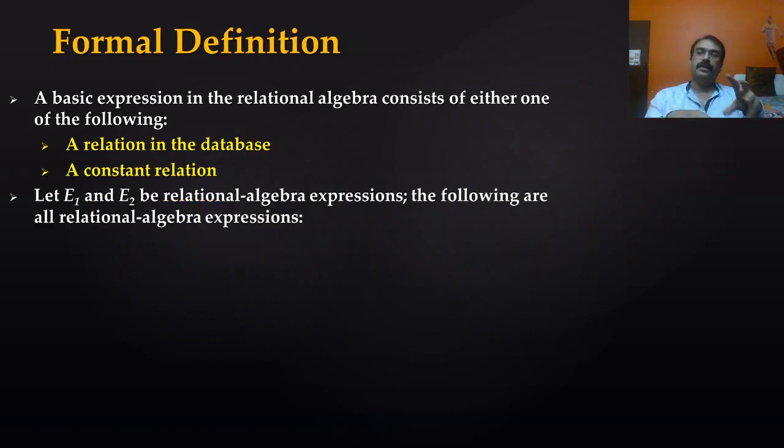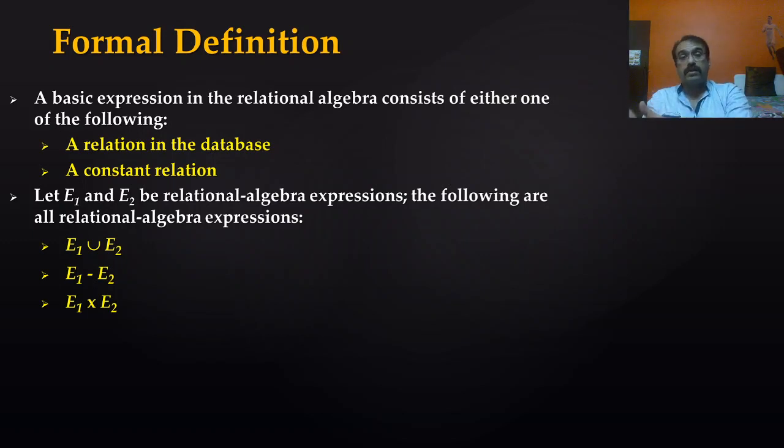If E1 and E2 are two relational algebra expressions, then the following are all relational algebra expressions: E1 can be unioned with E2, intersected with E2, or differenced, meaning E1 minus E2. Again, E1 and E2 can be a relation from the database, like borrower, account, loan, or a constant relation produced by some operation.